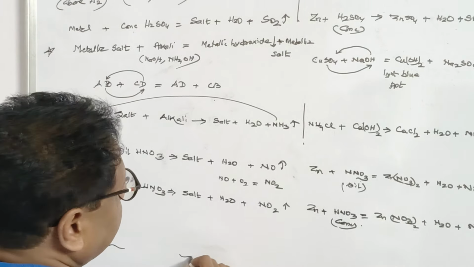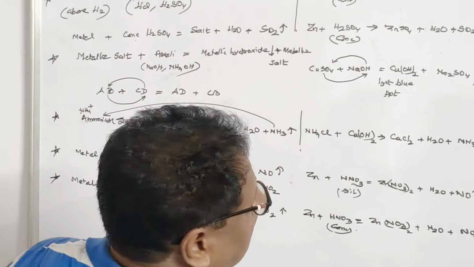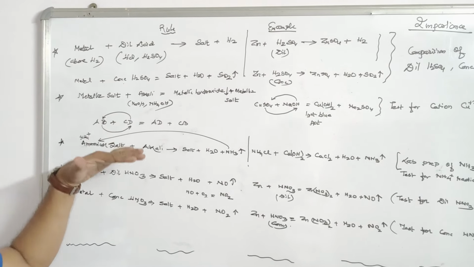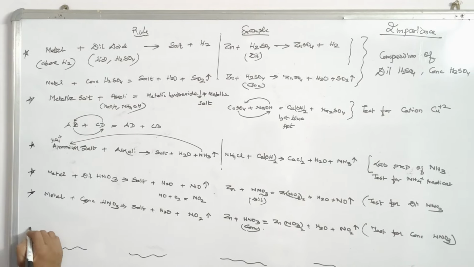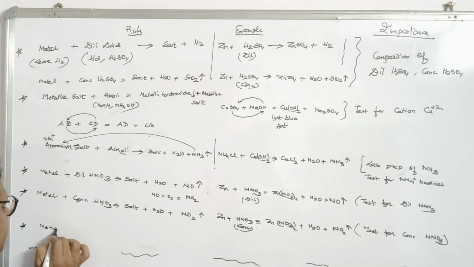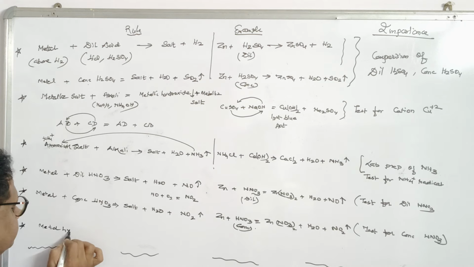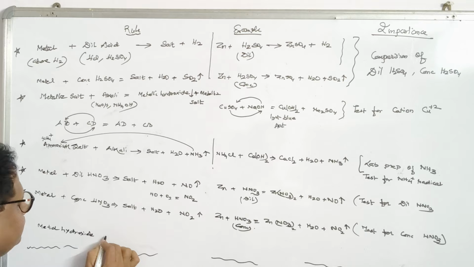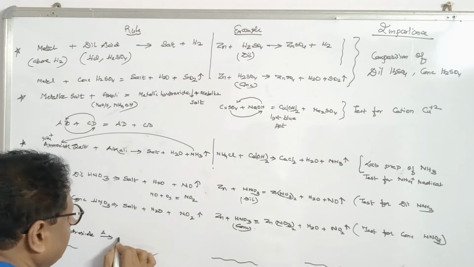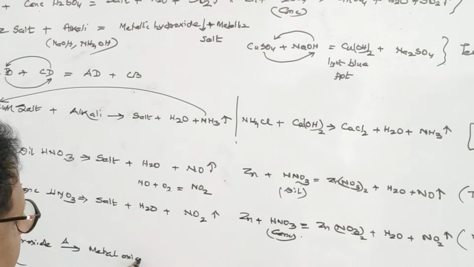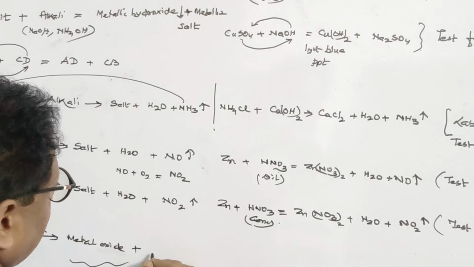I hope these chemical equations will help you a lot. So you can sum up the reactions. Suppose you heat a metal hydroxide, you get a metal oxide plus water.